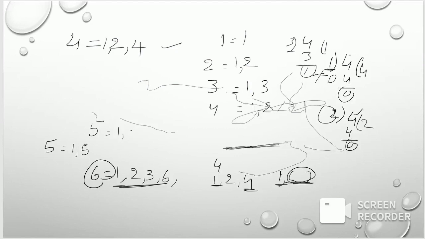If a number has only two factors, 1 and itself, then that number is called a prime number.